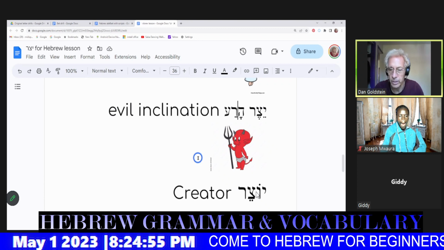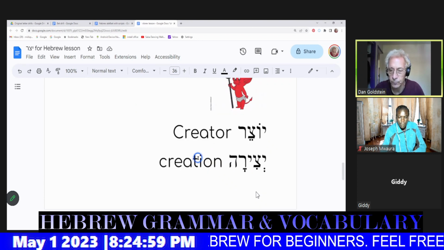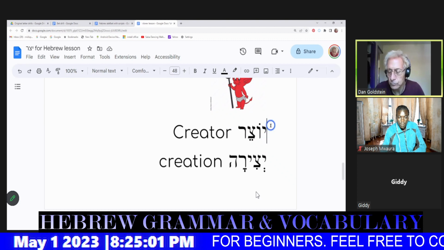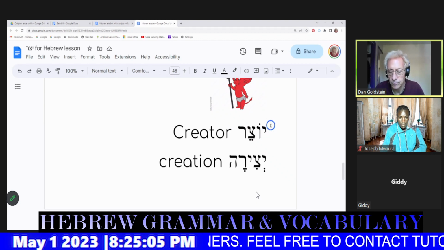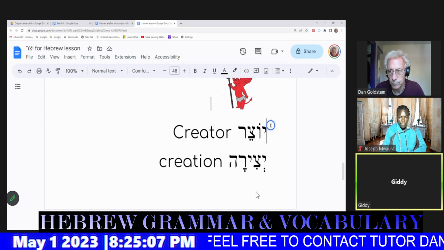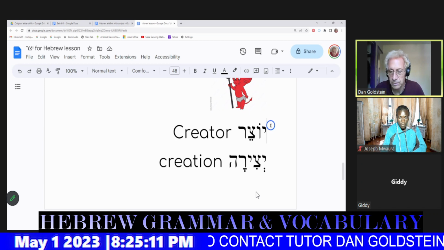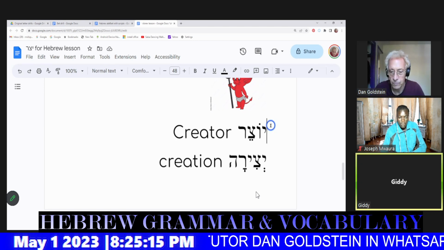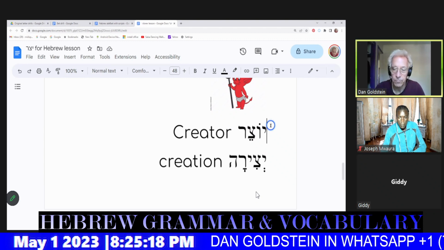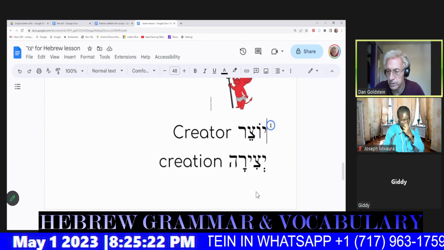We also have two more, Gideon, kindly. Yotzer. Creator. Yetzira. Creation. So the main point here is that we form nouns from the shoresh as well as verbs.